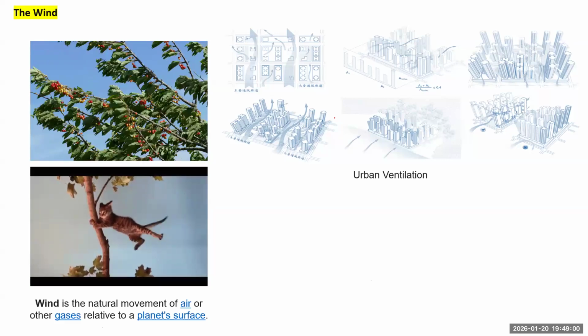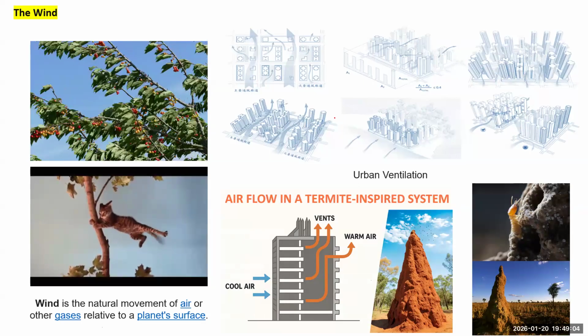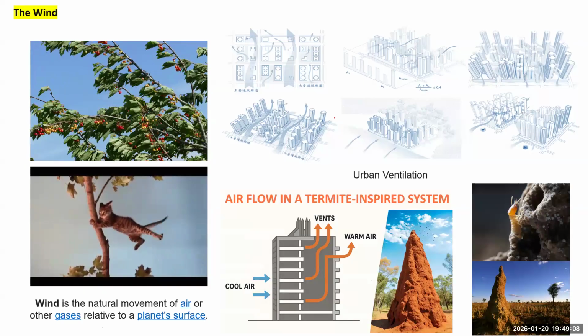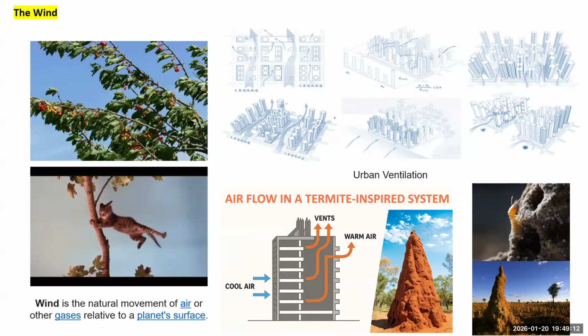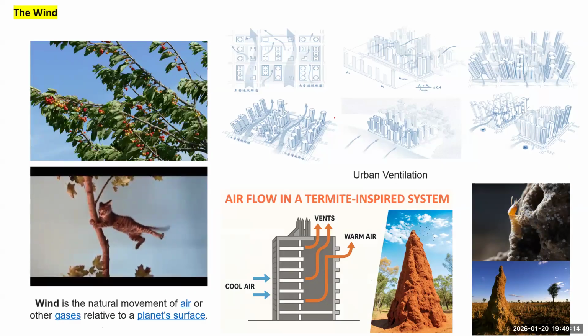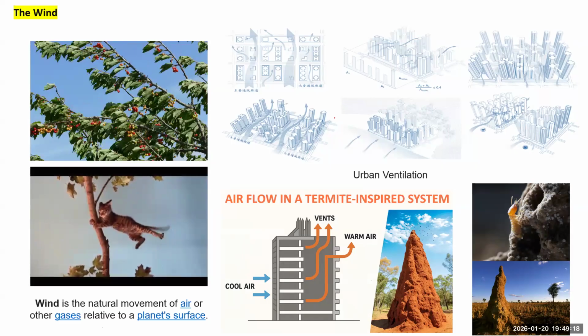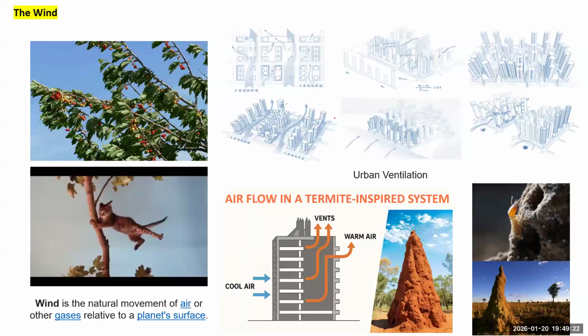And what about for our buildings? In fact, we learn from the ants, the termites. Look at the termites. This is its nest. It's very, very complicated with thousands of channels.